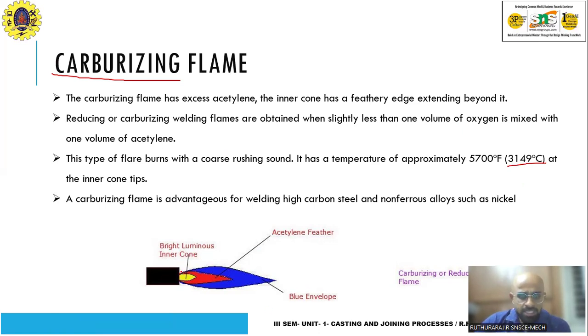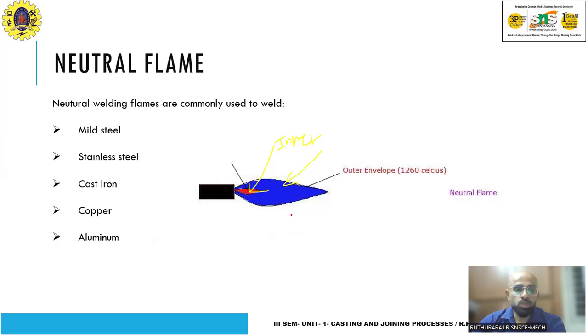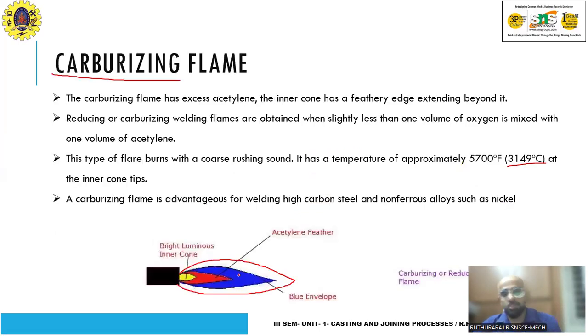It will be slightly larger in volume compared to the neutral flame. The bigger size is because of the more fuel gas present. If more fuel gas is present, then oxygen will be less, so the flame will draw O2 from the outer atmosphere. Since it is drawing oxygen from the outer atmosphere, the flame gets bigger.